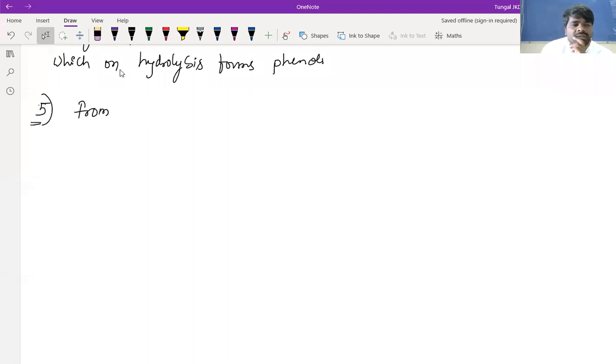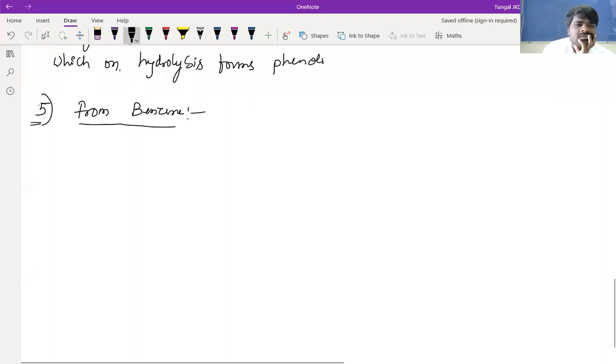If you talk about the fifth method, these are all directly or indirectly from benzene only. You can say from the oxidative hydrolysis of cumene. What is cumene?